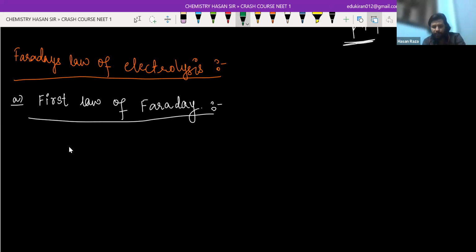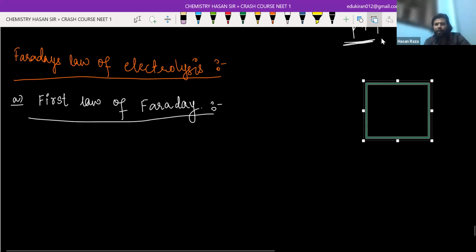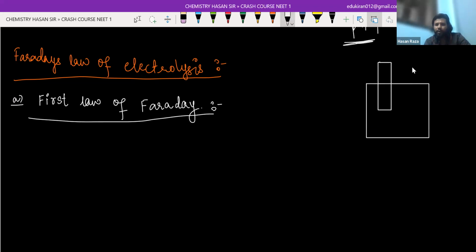Now, what does it say? It says that, as you have seen in this system, you have two electrodes, the anode and the cathode. You have seen that either the gas is evolved, or the metal or mass is deposited at a specific electrode, as in the case of molten NaCl.